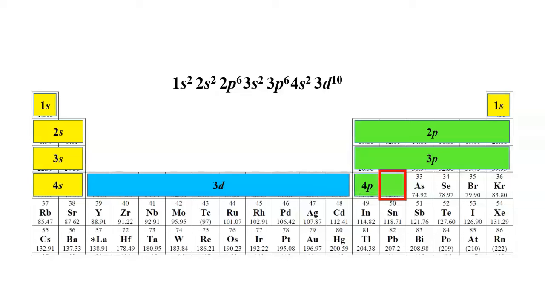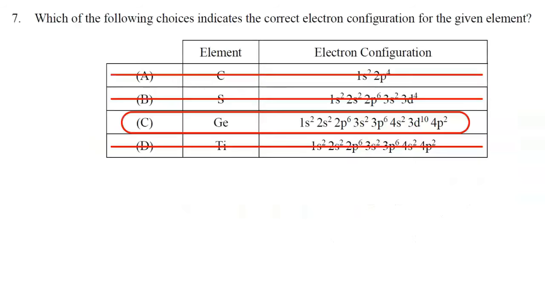And then the last part would be 4p, but we're not going all the way to the end of the row. It's going to be 4p2 for the last part of the electron configuration of the element germanium. So what you can see is the correct electron configuration for germanium, and that matches what is listed for choice C. So choice C is the correct answer to question 7.